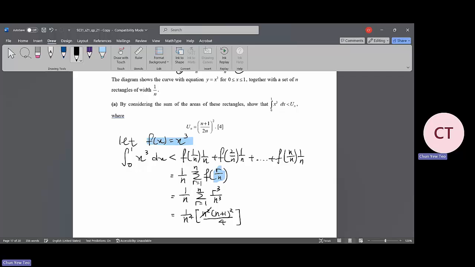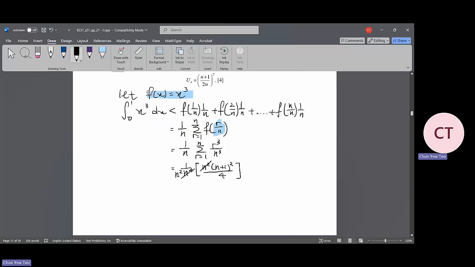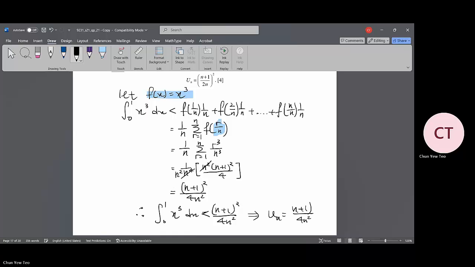You can see that this can be cancelled. So at the end you get (n plus 1) squared over 4n squared. Therefore, your integration is less than (n plus 1) squared over 4n squared, and Un is equal to (n plus 1) squared over 4n squared. Okay, so this will be the answer for part A.